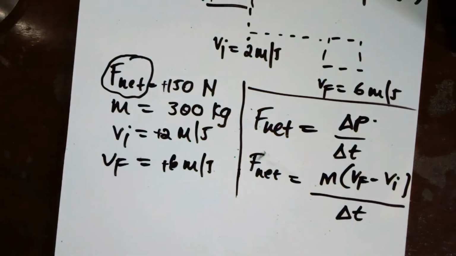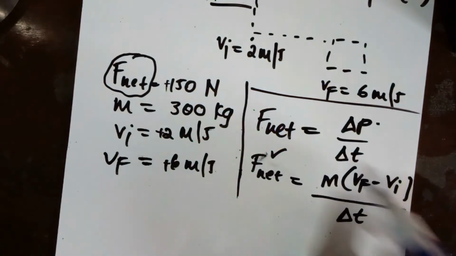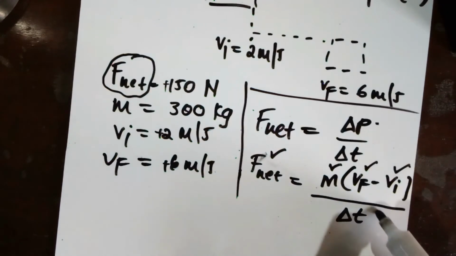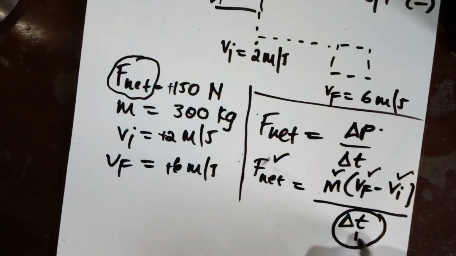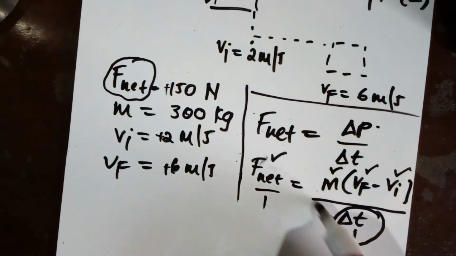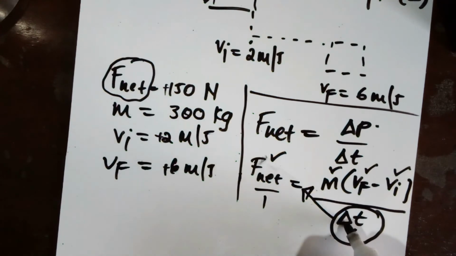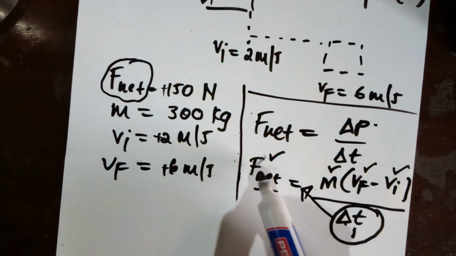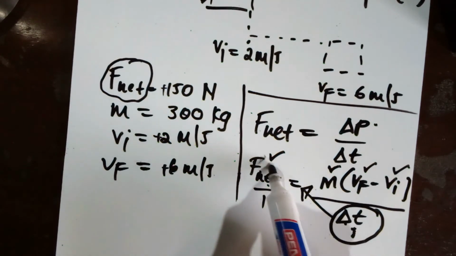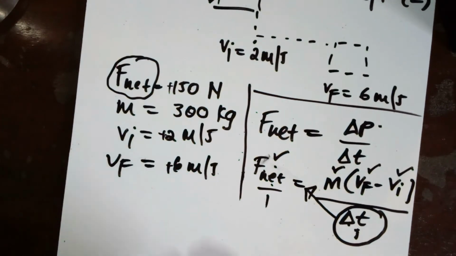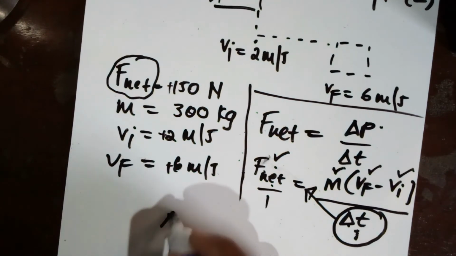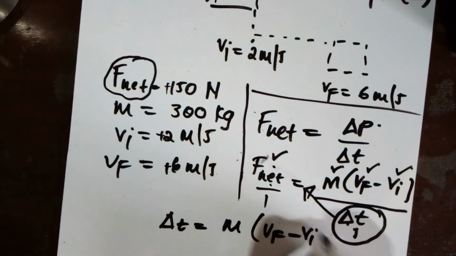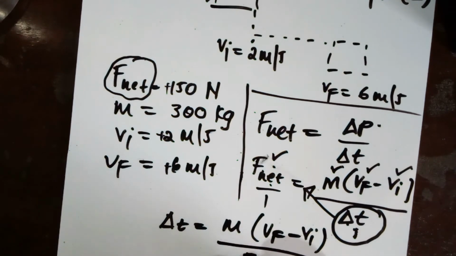Then you look at your equation. I have F net, I have the mass of the trailer, the final velocity, the initial velocity, and this is what I'm looking for. So I want to make change in t the subject of my formula. We end up having that the change in t is going to be m(Vf minus Vi) divided by F net.